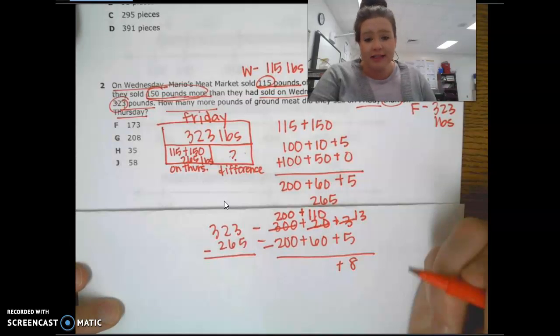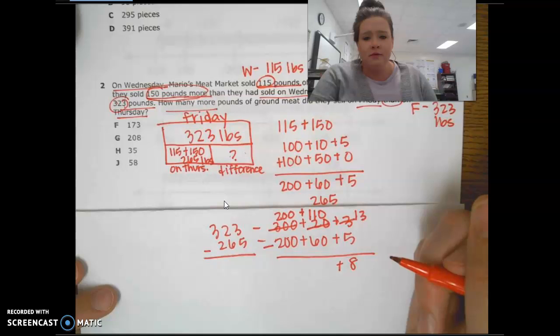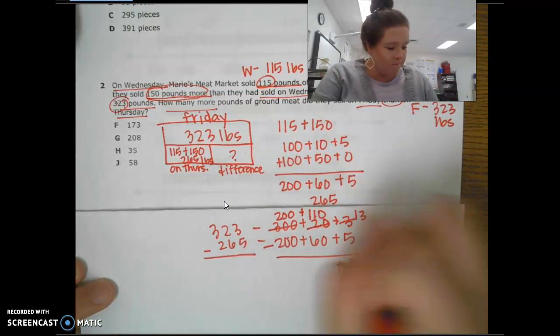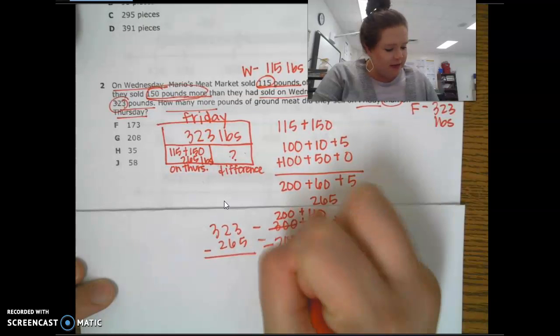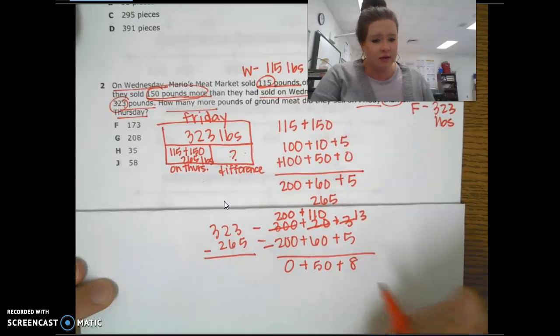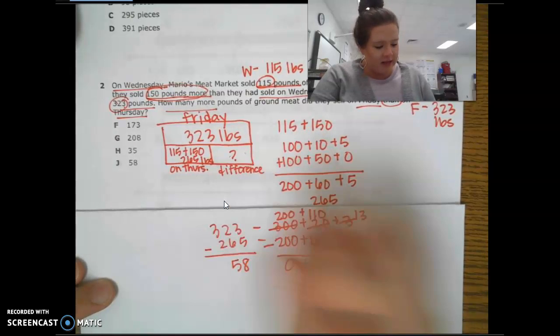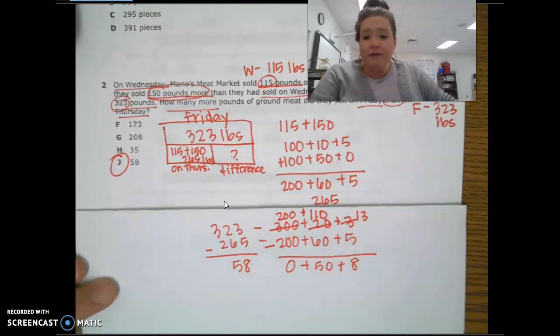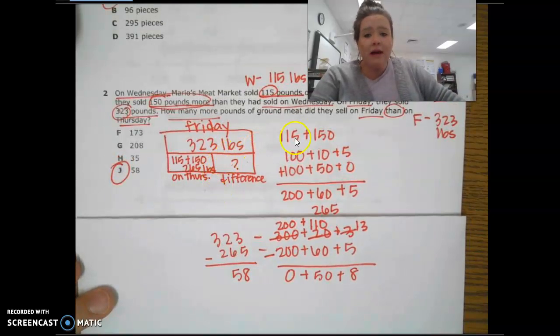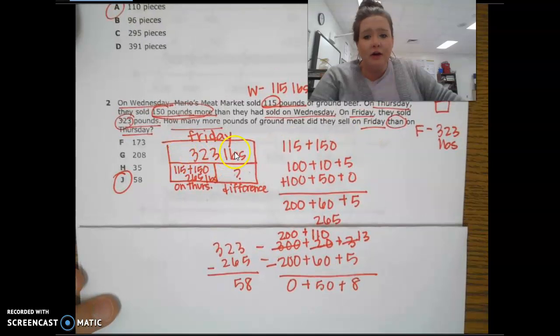What is 110 minus 60? Good, it's 50. And then you have 200 minus 200, which equals 0. So this is 58. There were 58 more pounds of meat sold on Friday than on Thursday.